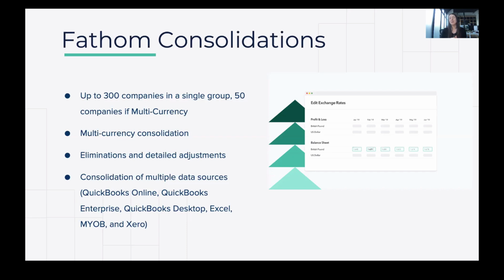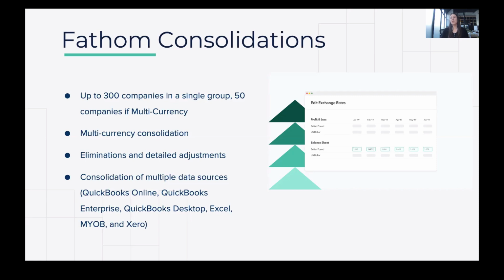We also allow you to define your own exchange rate at the profit and loss and balance sheet level, if that's of interest. We also allow for full account eliminations and detailed adjustments really quickly. And again, something that I love is the ability to consolidate data across source.